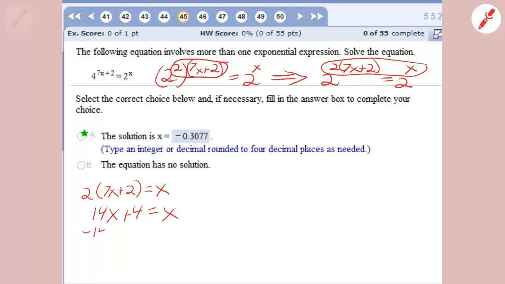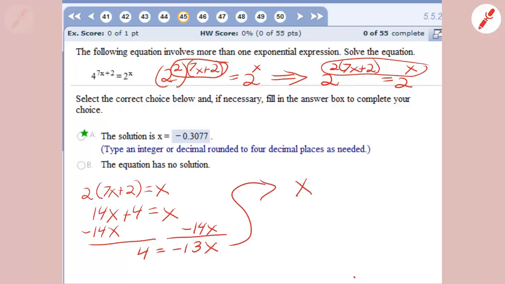Subtract 14x from both sides. You'll have 4 equals negative 13x. And so x is going to equal 4 over negative 13. So I'll put that in my calculator. 4 divided by negative 13. And I get the answer that's given.